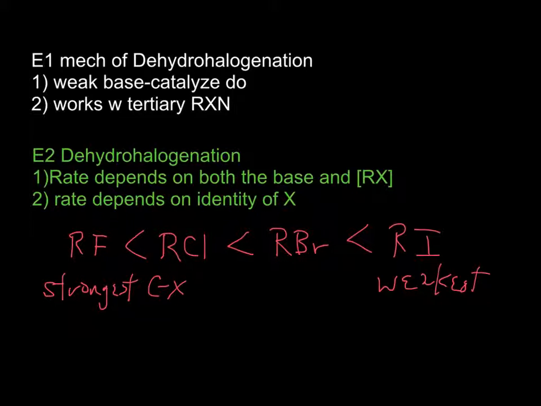Since in an E2 reaction, we're talking about which one is going to be the best at leaving, the best leaving group. It's iodine, because when they both leave, they leave as an X minus, and iodine is the happiest by itself.